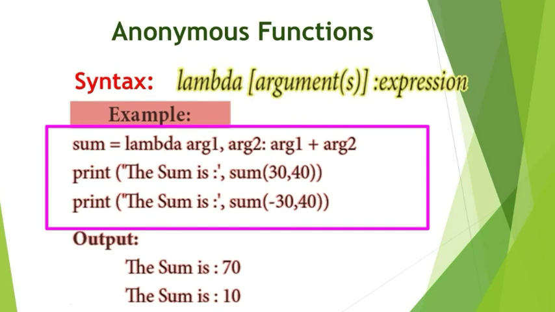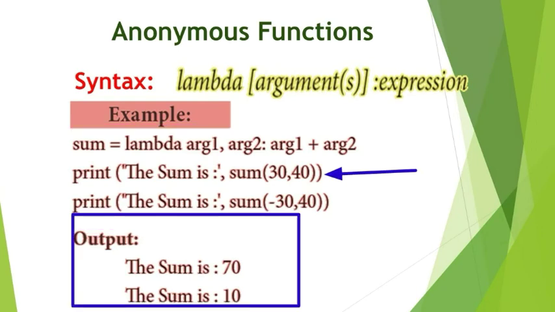In the next line, print the sum is, and you have to give the values 30 for argument 1 and 40 for argument 2. So 30 plus 40 is 70. In the output, you will get the sum is 70. In the next statement, print the sum is sum of minus 30, 40.